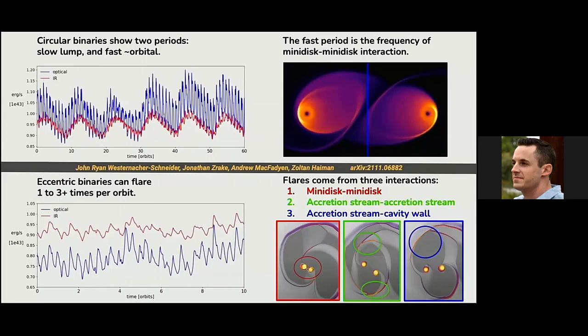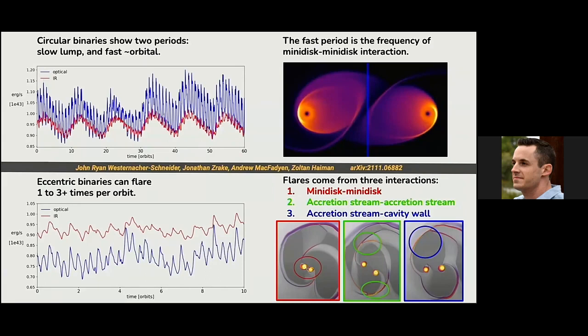But the orbital or nearly orbital modulation gets significantly smaller. That tells you spatially where the modulated emission is coming from. The lump modulated emission is coming from larger radii. If you go deeper in, you've got a larger amplitude of this fast oscillation.